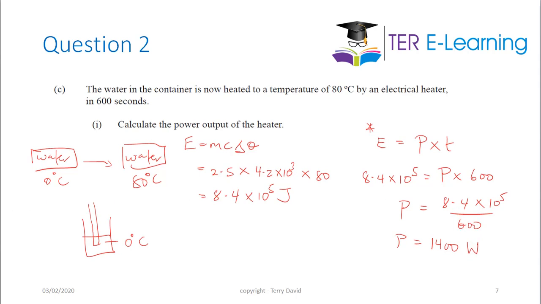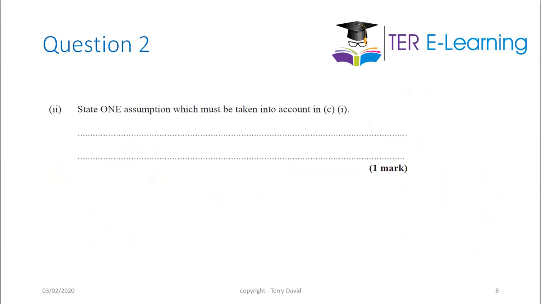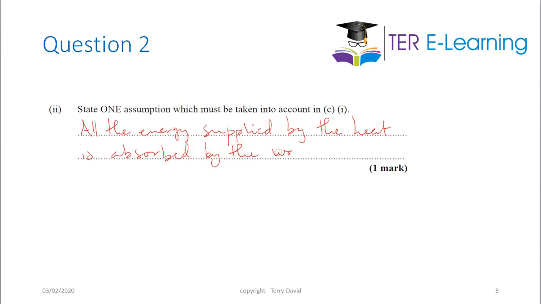Okay, and the last part of the question: state one assumption which must be taken into account in part C. Well, the assumption is all the energy supplied by the heater is absorbed by the water, because that is what we use in the calculation.